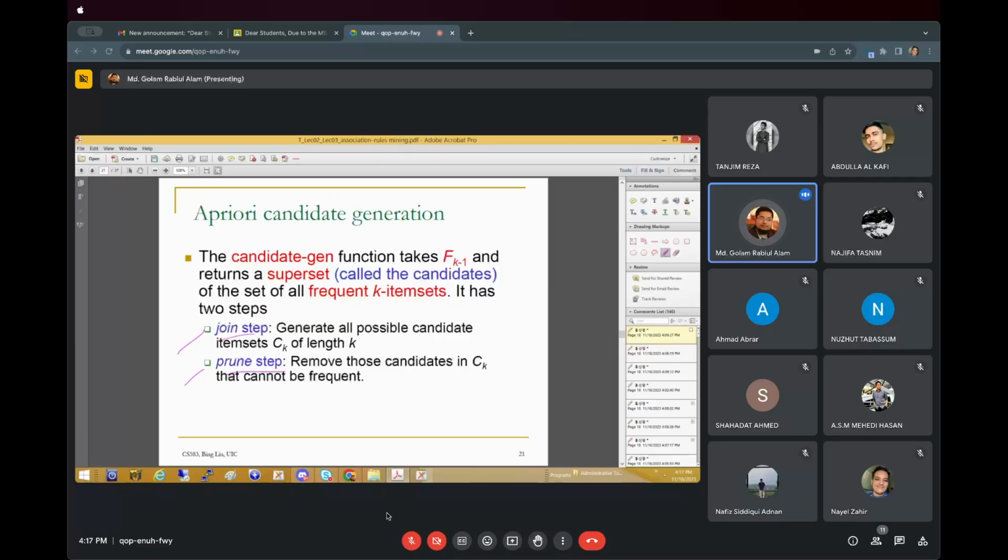We have already seen the join step and we also have to apply the prune step there. The candidate generation function takes F k minus 1 and returns a superset, called the candidates of the set of all frequent k items. So it will try to generate the superset.